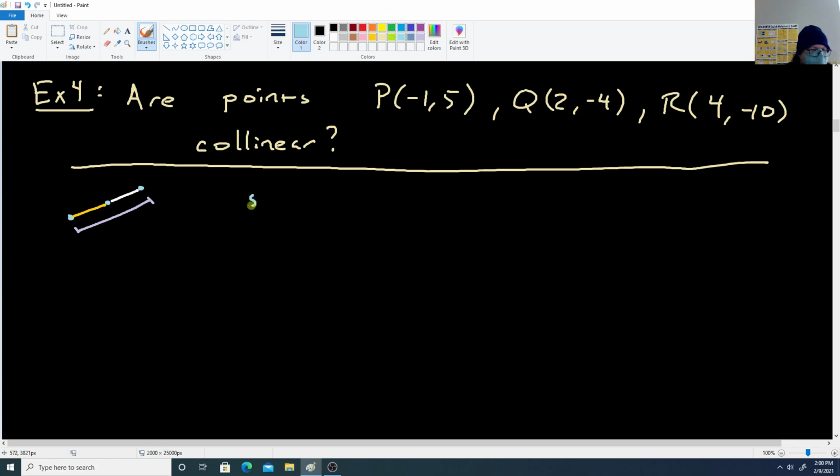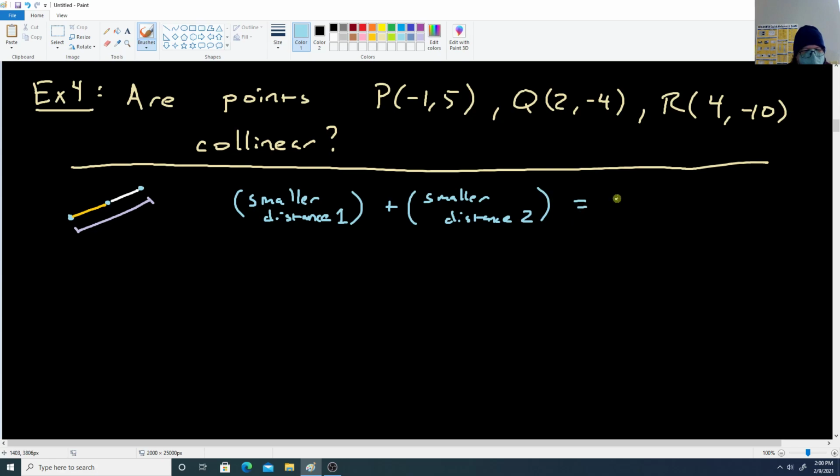So we want to say smaller distance 1 plus smaller distance 2, when you add them together, does that equal the longer distance? So we're going to get all three of our distance equations, figure out those distances, and figure out which 2 are the smaller distances.